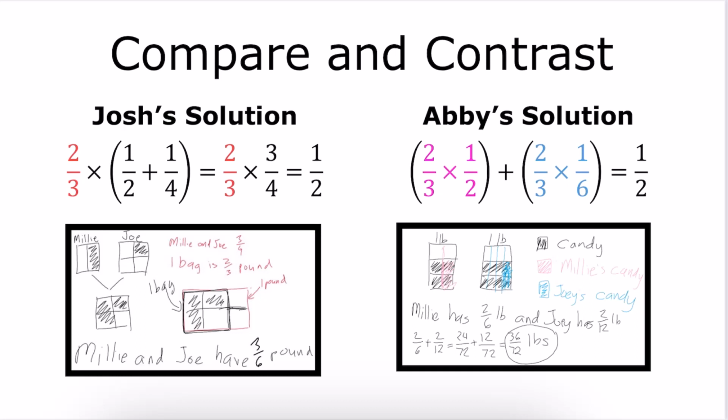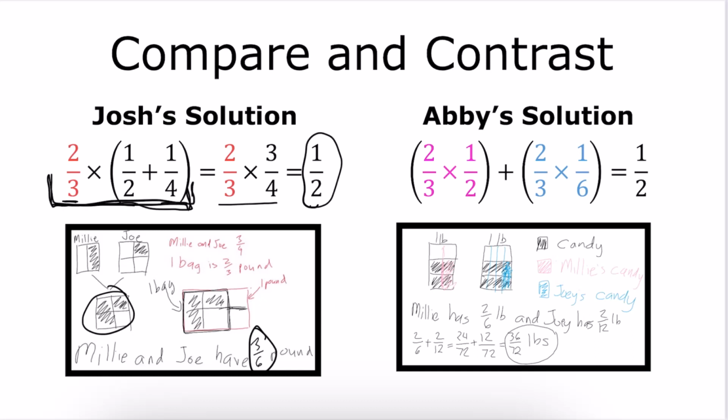The way that he solved it was he did 1/2 of a bag plus 1/4 of a bag to get the total amount that Millie and Joey had, which was 3/4. And then he multiplied that by 2/3. So he did 2/3 times 3/4, which ultimately gives you 1/2 if you reduce this 6/12 fraction. So that solution is a representation of this expression.